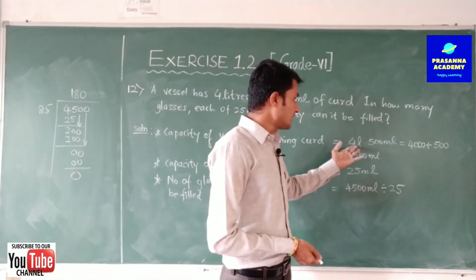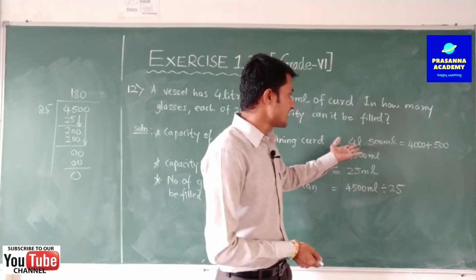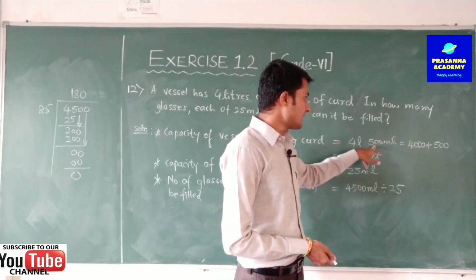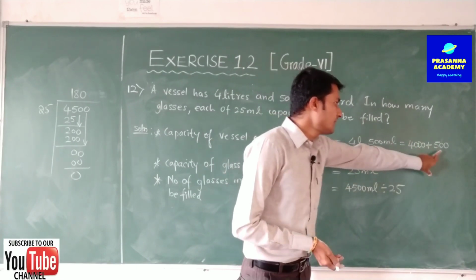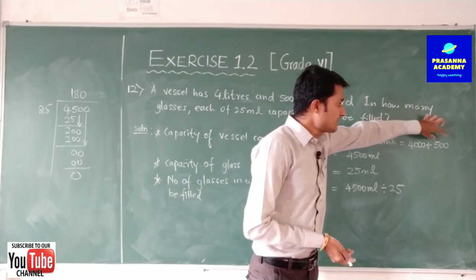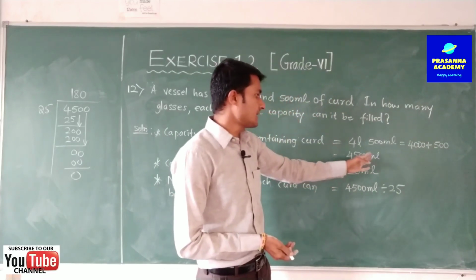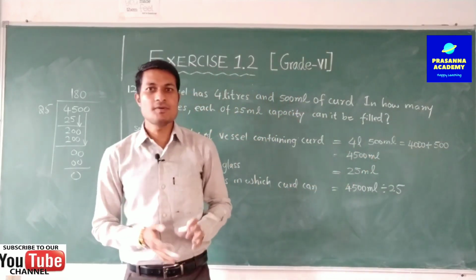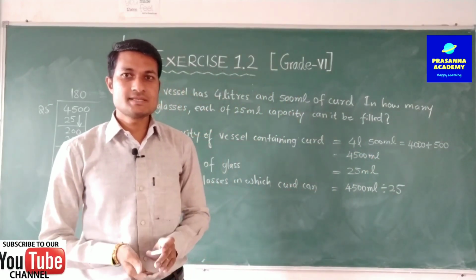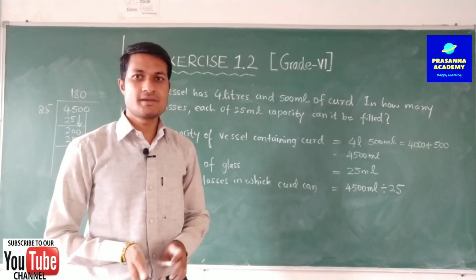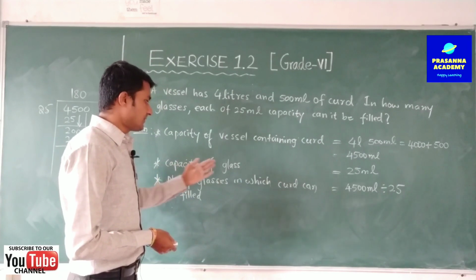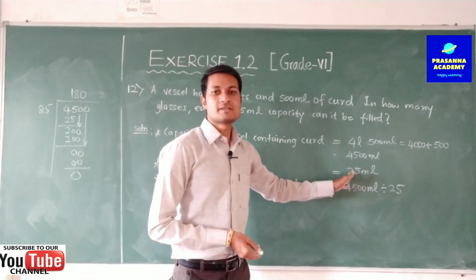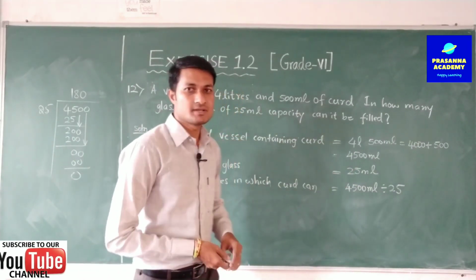So 4 liter we convert as 4000 ml, and 500 ml is already in ml, so we won't convert it. So 4000 plus 500 will be 4500 ml. This is the amount of curd already filled in the vessel. Now the capacity of the glass is 25 ml, which is already in ml, so we don't convert it.